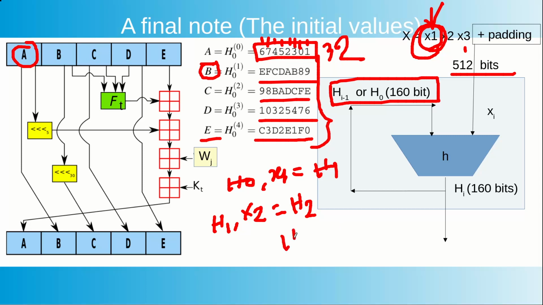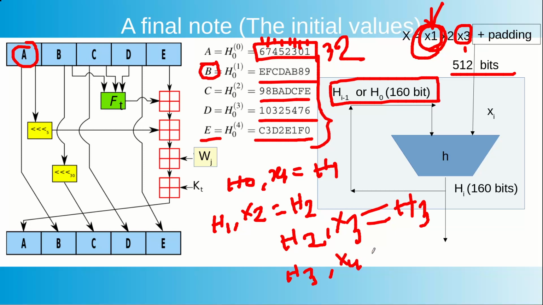So h2 is the previous hash output, and x3 is going to give me the hash value h3, which is the hash output of this x3, or it may be h3 and x4, which is going to give me the hash value h4. Suppose there are only 4 blocks, so h4 will be the final hash output of this entire message x.